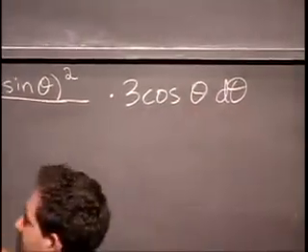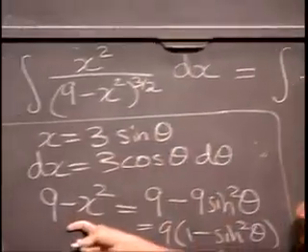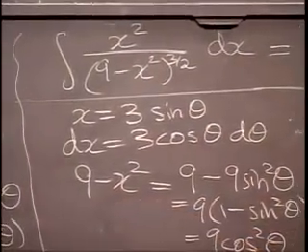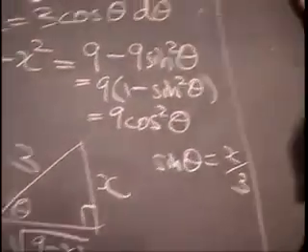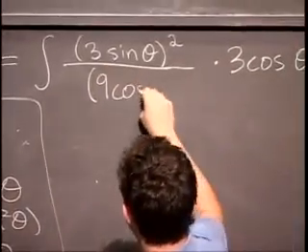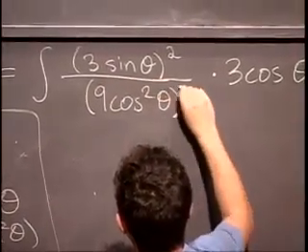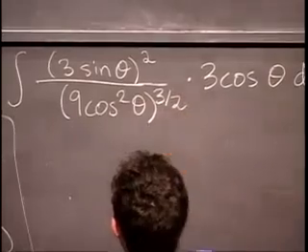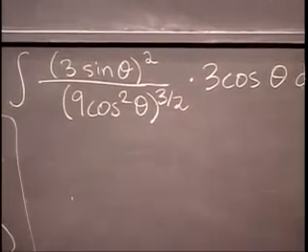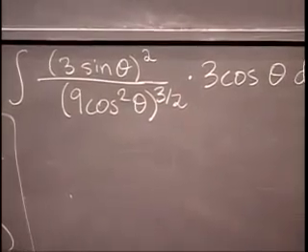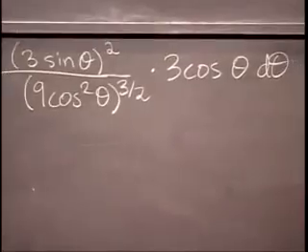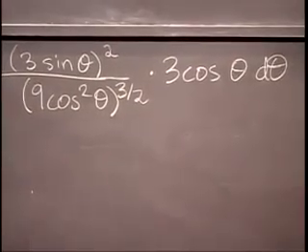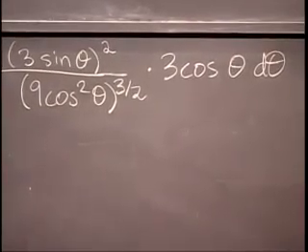How about the denominator? Well, we know that 9 minus x squared is 9 cosine squared theta. So let's just plug this in. And we got a 3/2 power there. Okay, we've successfully changed every x that was in the original, including the dx, into theta and d theta.